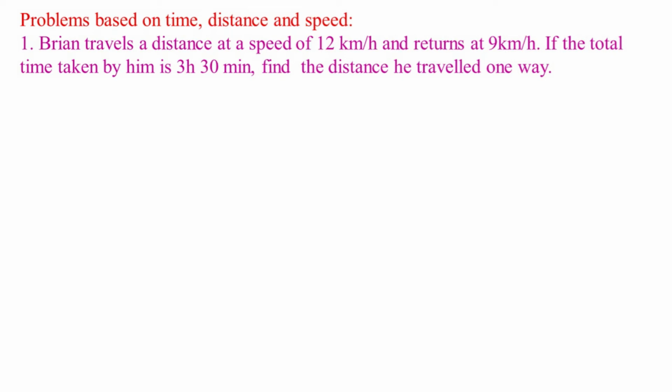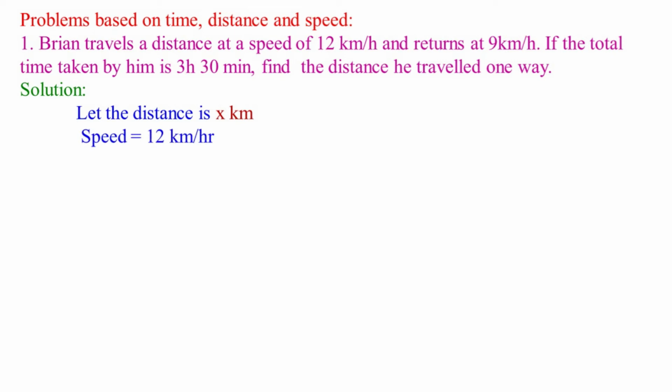Okay, let us find the solution. Let the unknown variable which we have to find, the distance, be x kilometer. While starting, his speed is 12 kilometer per hour, and you know the formula that time = distance/speed.